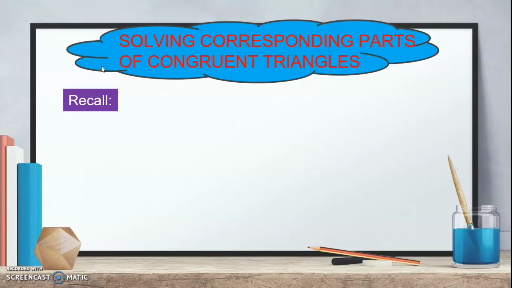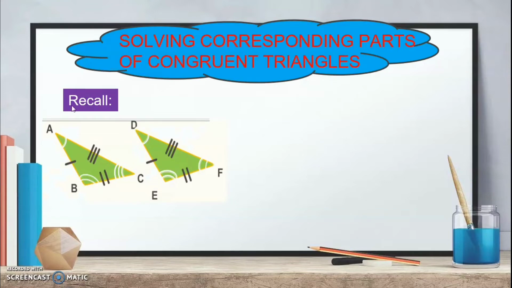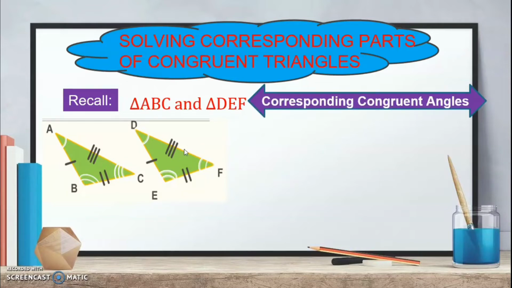Okay, we will recall what we have discussed last video. We have two triangles, triangle ABC and triangle DEF. We will identify their corresponding congruent angles.